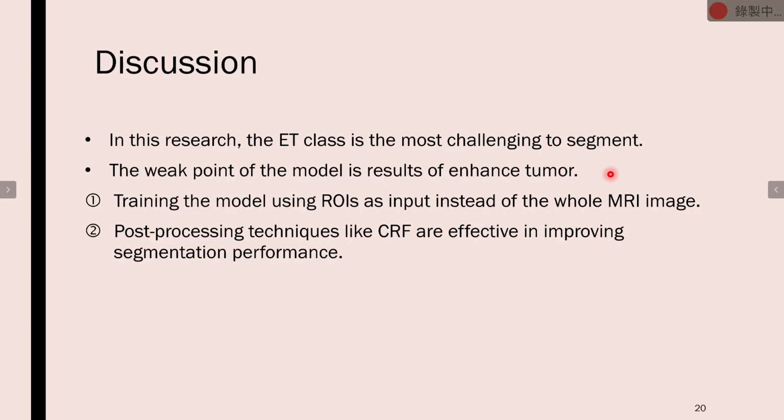The first method is to train the model using the ROIs as input instead of the whole image. The second method is to use other post-processing techniques to improve segmentation performance.